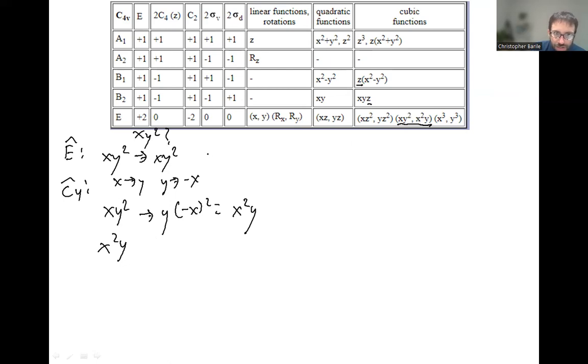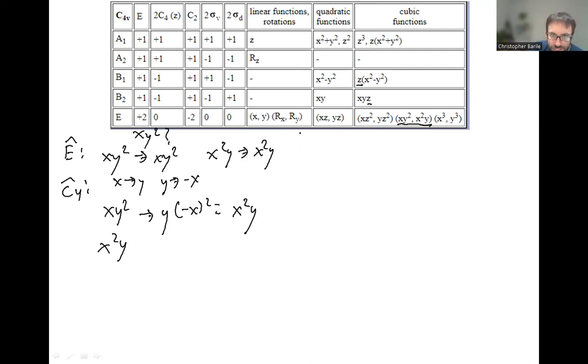Okay, so that means we have to look at x squared y and see what it does. And so back up here, we have to say, well, x squared y goes into x squared y. It's the identity. And we know they're linked, so there we get the identity matrix, right? And so there's no problem there. We're getting 1, 0, 0, 1 in this matrix.